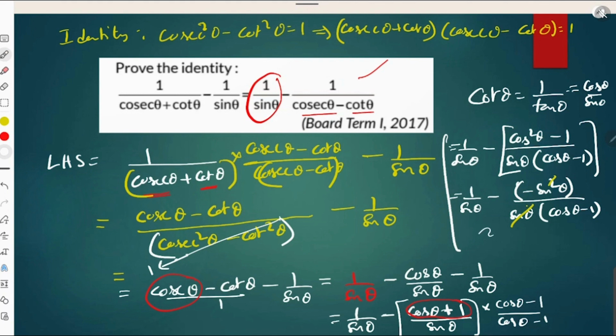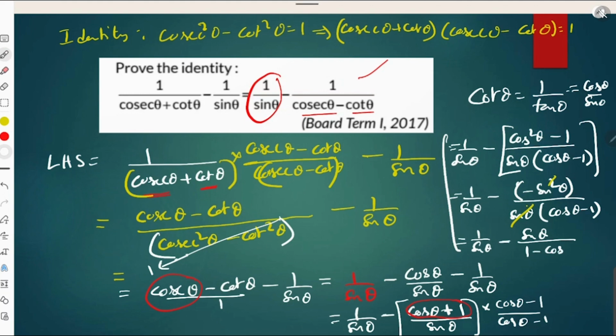This 1 by sine theta, minus of minus, will be plus sine theta by cos theta minus 1. Or if you keep this minus aside, this denominator can be changed as 1 minus cos theta.